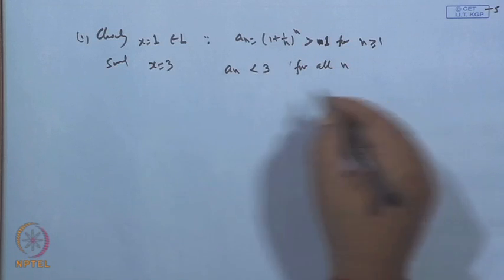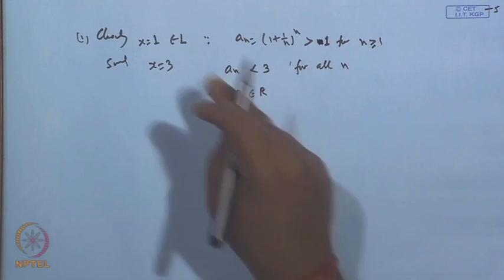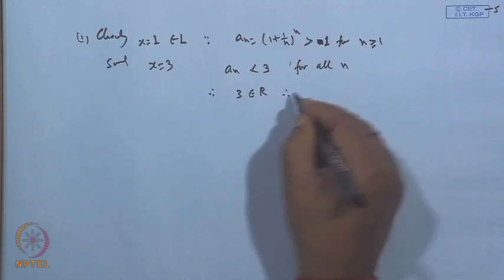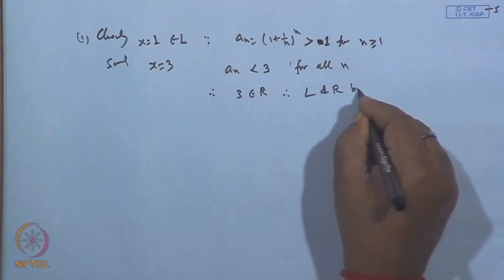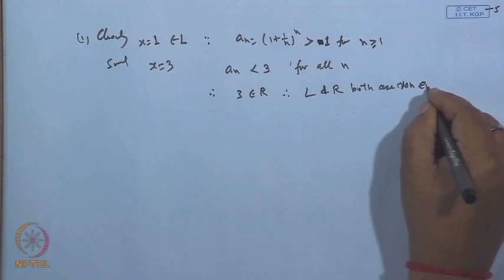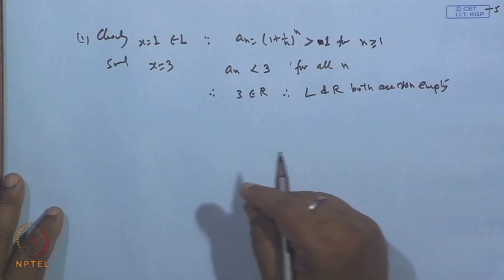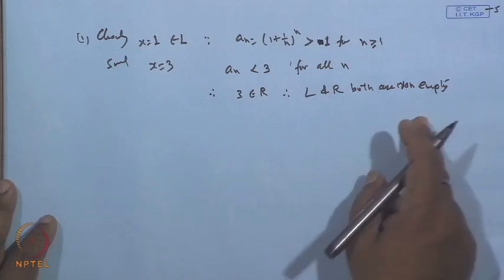So, 3 belongs to R. So, L and R both are non-empty. This is the first result that Dedekind shows in the section.